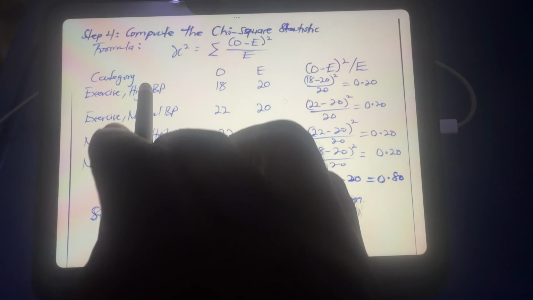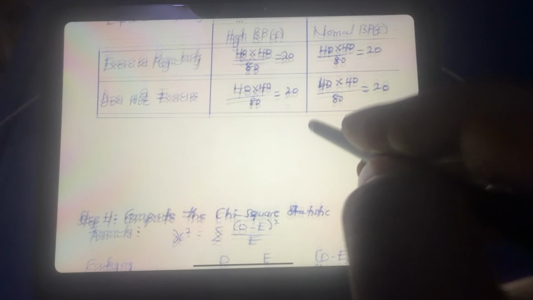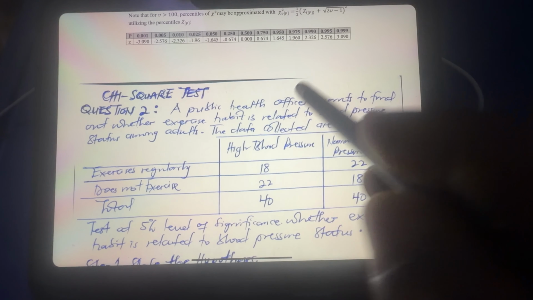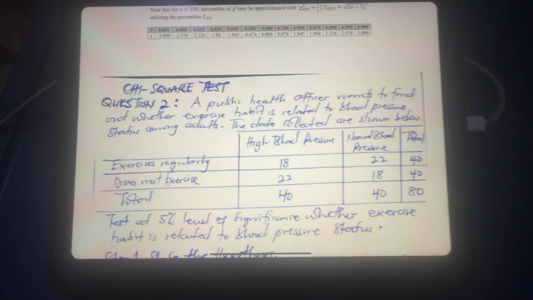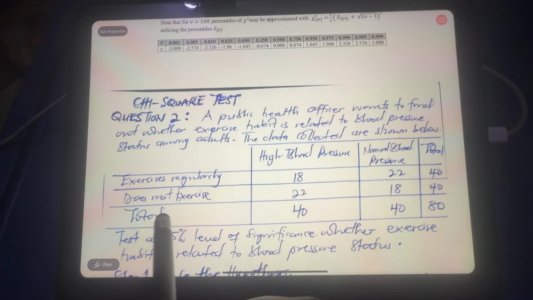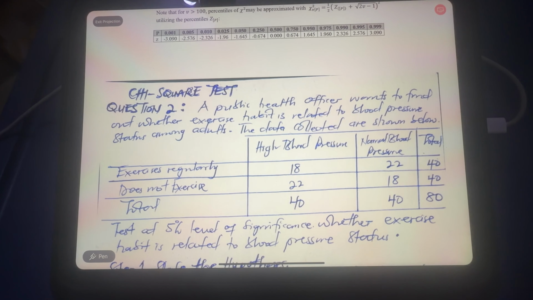Now, on the table, you write out all the categories in this observed frequency table. If you understand this table very well, you will notice that there are 4 categories. Let me explain very well. Pay attention over here. Those who exercise regularly with high blood pressure is category 1.